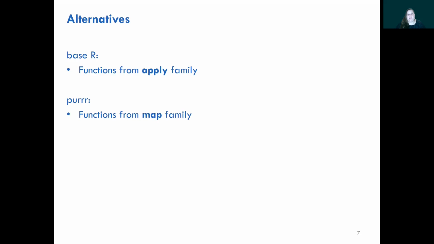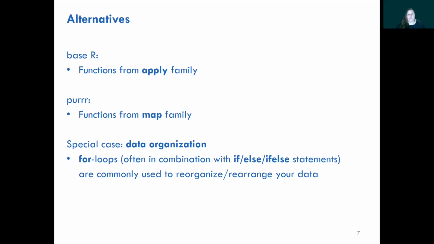If you do not like loops, and you might have your reasons, there are some alternatives that you might want to use. For example, in base R, there are functions from the apply family that can be used. And then in the purrr package, there are functions from the map family. And there is the special case where you might want to use the for loops, often in combination with if and else loops for your data organization.